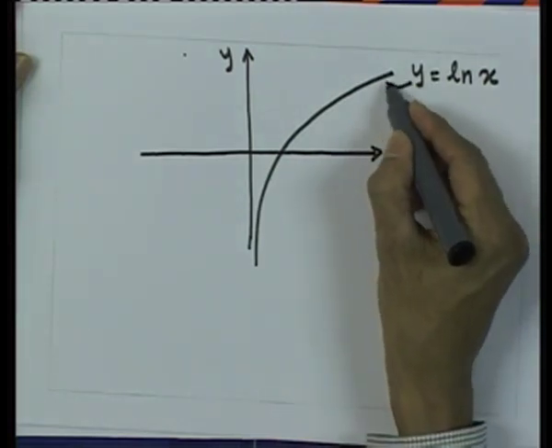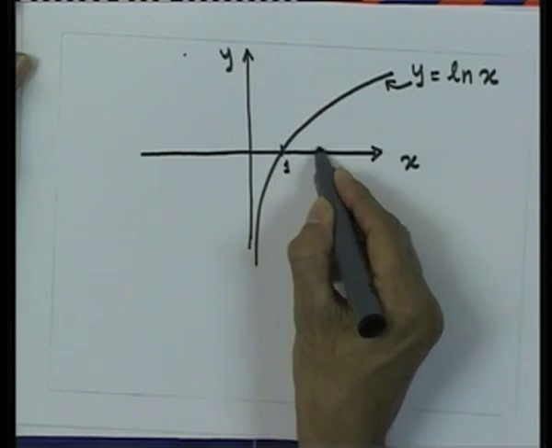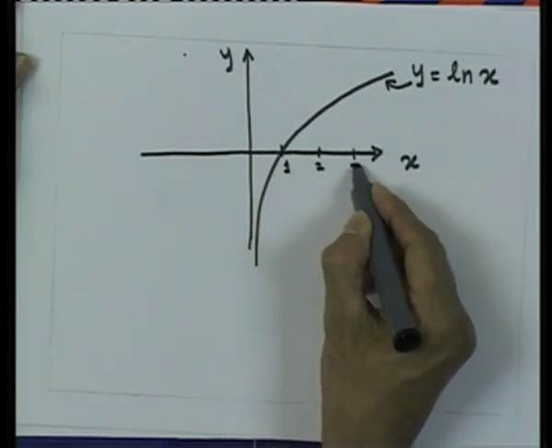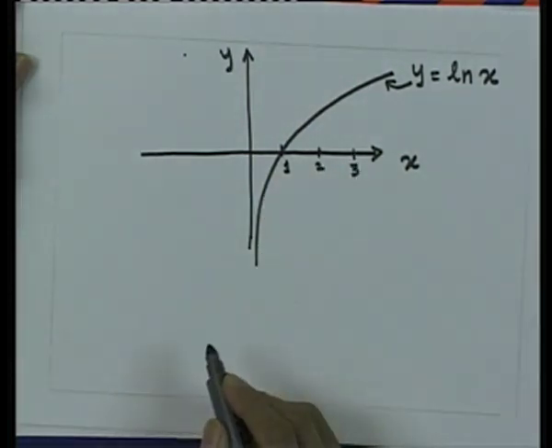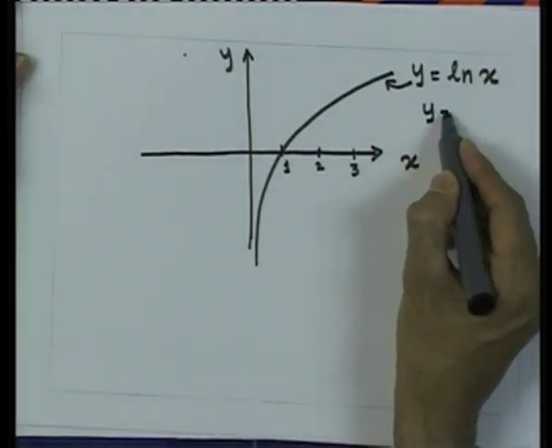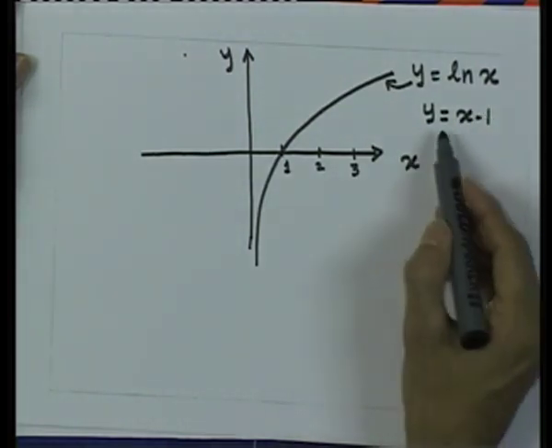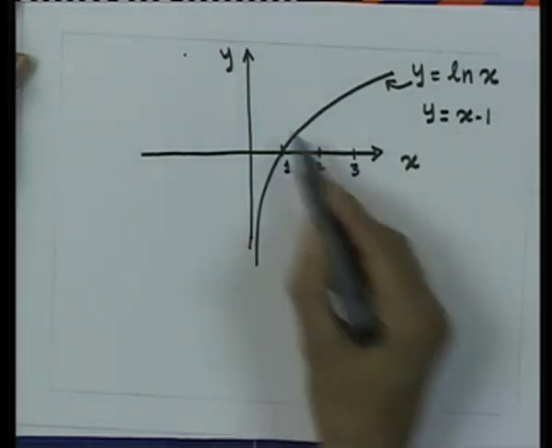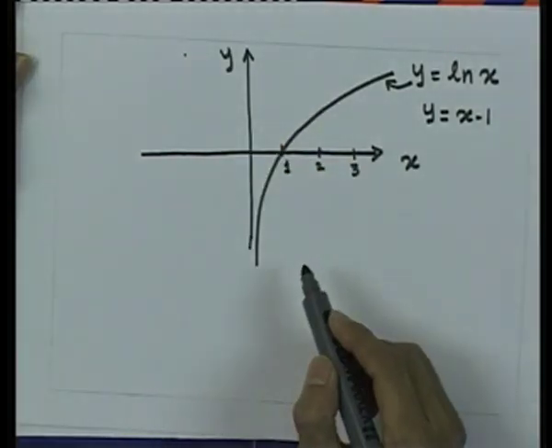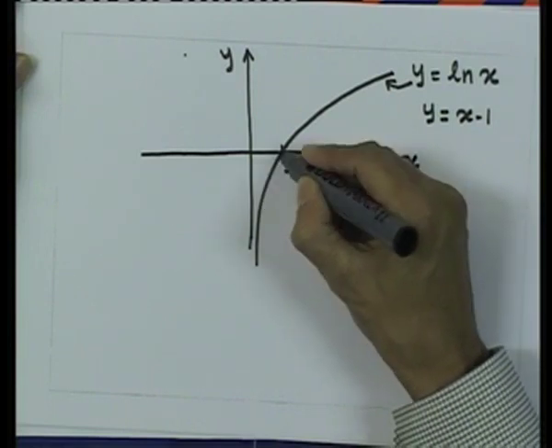This will be my plot for y is equal to log x, where this value will be 1, 2, approximately. If I look at the plot of y is equal to x minus 1 and draw it on the same graph, I get something like this.